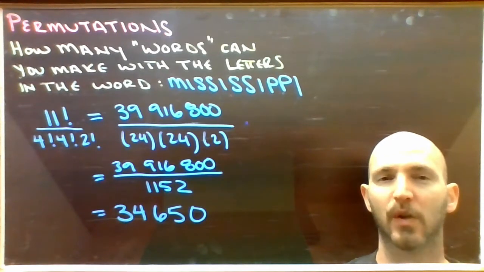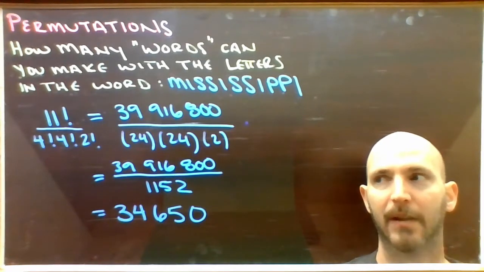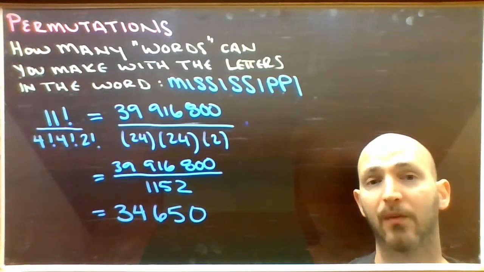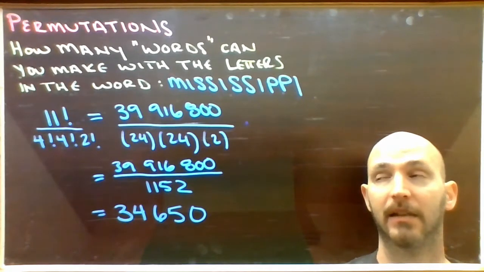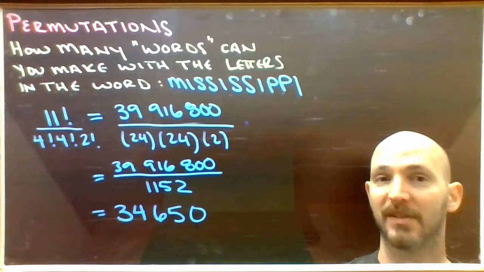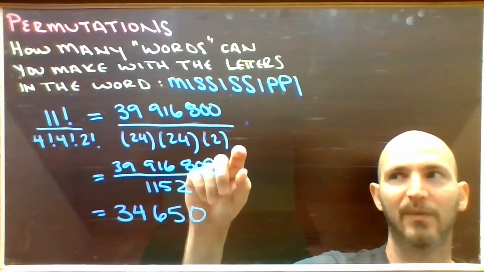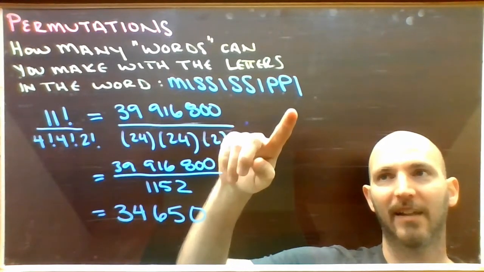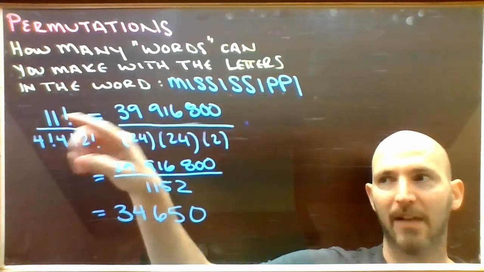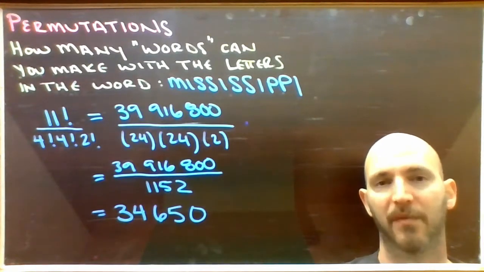But that sort of circles back to the idea of locker combinations and passcodes. If you needed to assign every Canadian citizen a security number, a social insurance number, for example, you would need something like 11 factorial combinations of those letters in order to get enough of them.